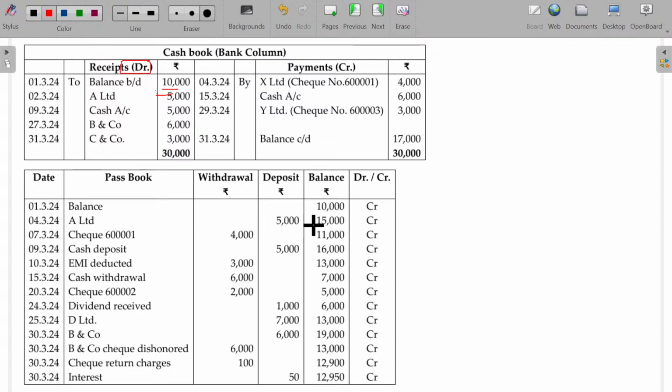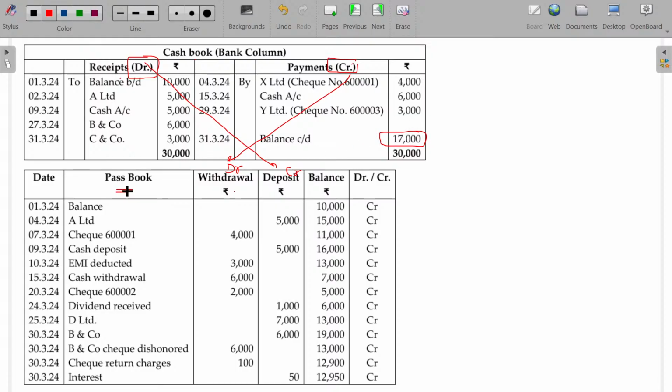Similarly, the amount deposited into the bank as well as withdrawn from the bank: deposit will be considered as receipts and withdrawal will be considered as payments. That will be shown in the debit and credit side, but the banker's view will be totally different. All the receipts we post as debit are shown on the credit side in the banker's book. I came to know we have around 17,000 rupees balance in our bank account.